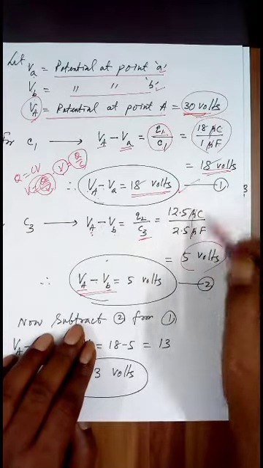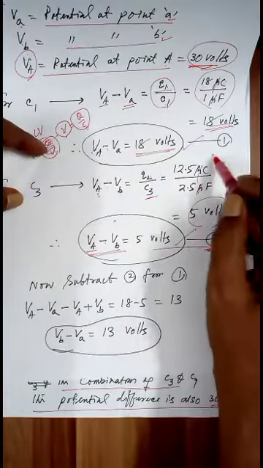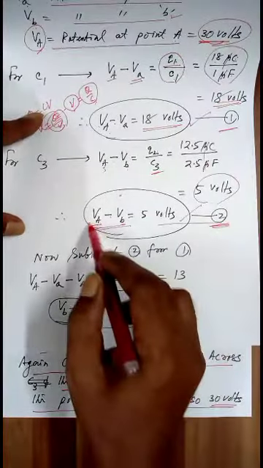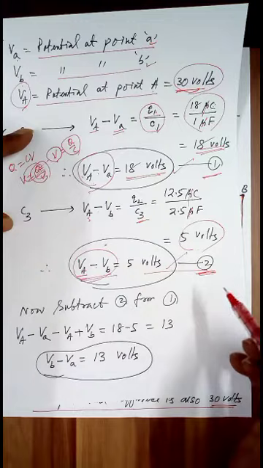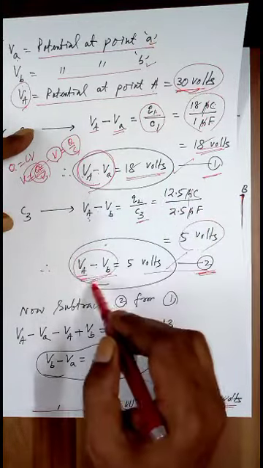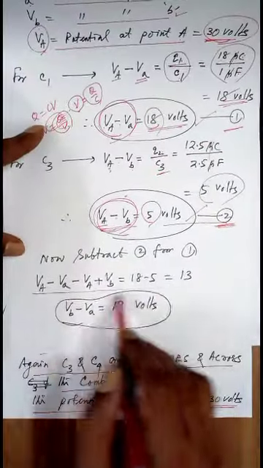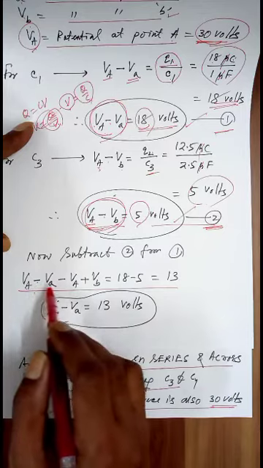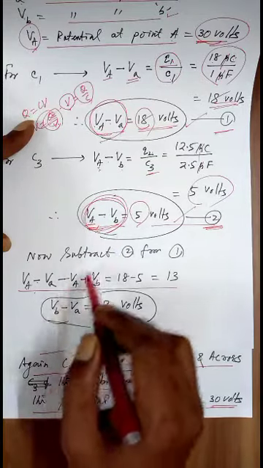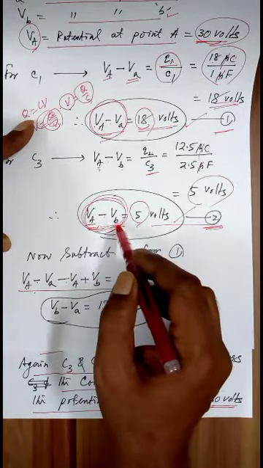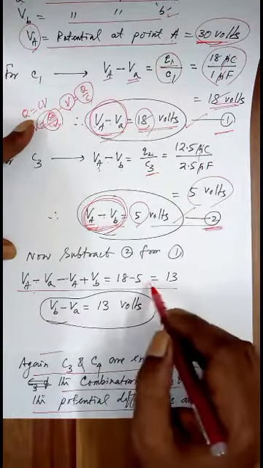So we have one equation here, one equation here. Let us subtract equation 2 from equation 1, this minus this, will be 18 minus 5. That is what I have written here. V capital A minus V small a, minus of this, that is V capital A minus V capital A plus V small b, is equal to 18 minus 5, that is equal to 13.